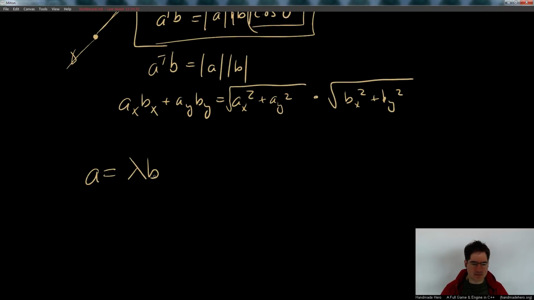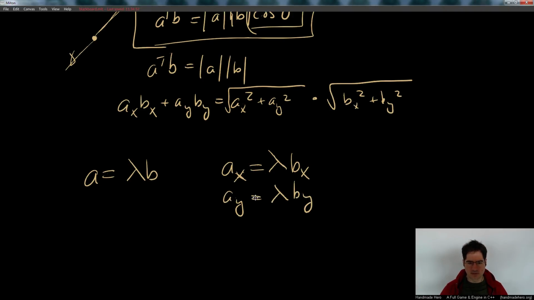So that means, in this case, that AX has to be equal to lambda times BX, and AY has to be equal to lambda times BY.